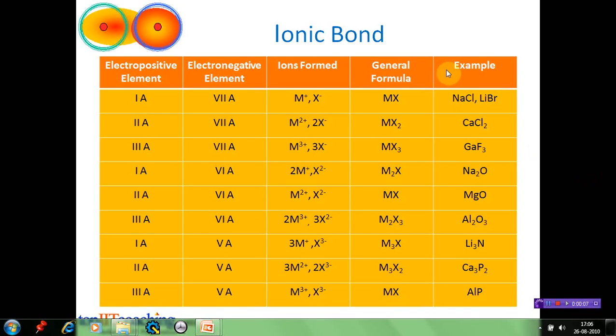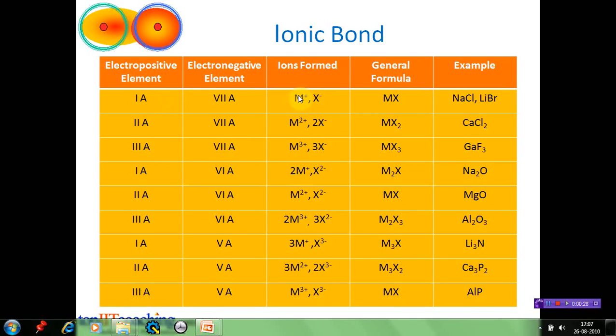This table illustrates the type of ionic compounds formed when electropositive and electronegative elements belonging to different groups of the periodic table react with each other. As we can see, the electropositive elements belong to groups 1A, 2A and 3A, and the electronegative elements belong to groups 5A, 6A and 7A.